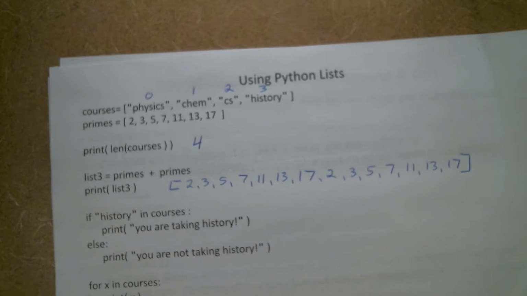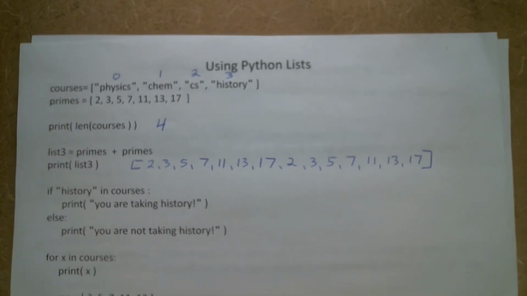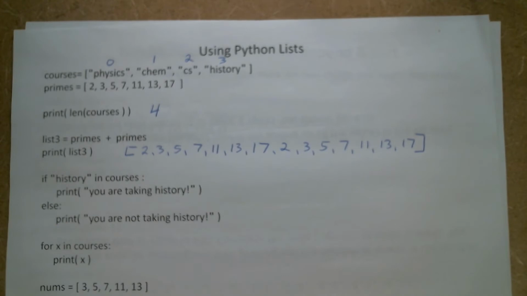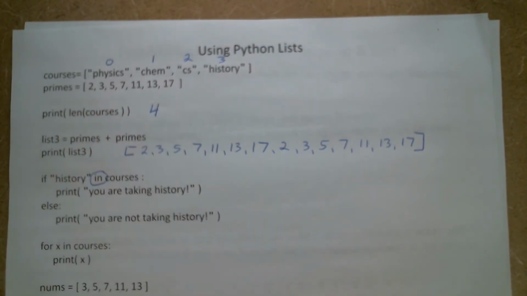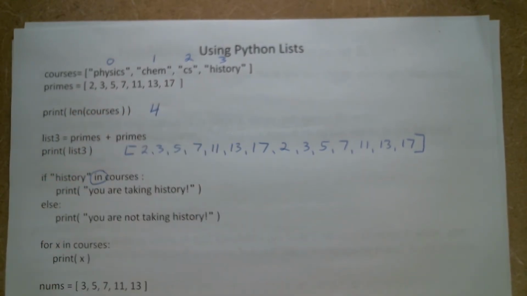All right. We can check to see if values are inside of our list using this in command. This is a special Python command. That's part of the Python syntax. So we can say if the string history is in the list courses, print out this, else print out you are not taking history.